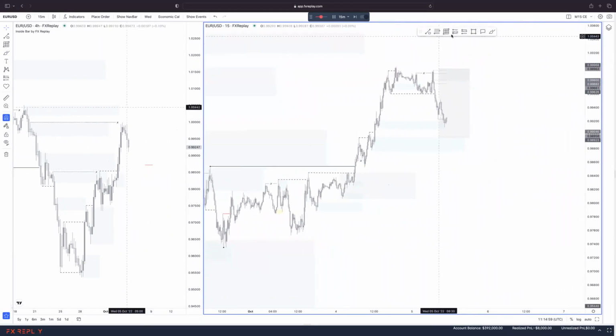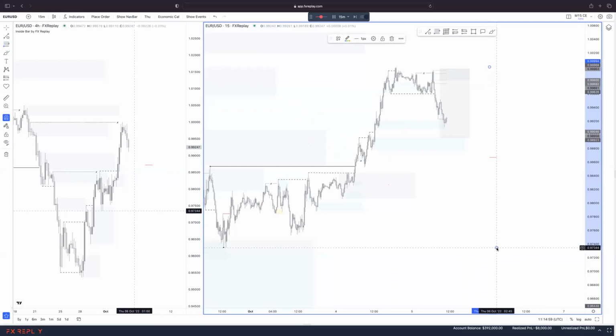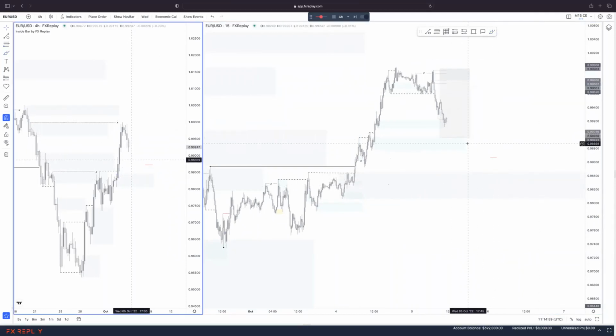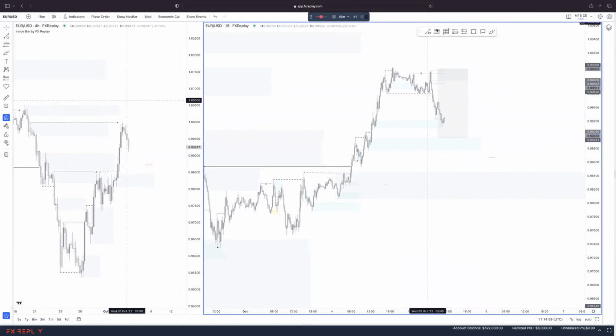Premium versus discount. So obviously we're expecting the pullback to continue to at least the discount, obviously, of the 4-hour supply or 4-hour demand, sorry. This supply here.